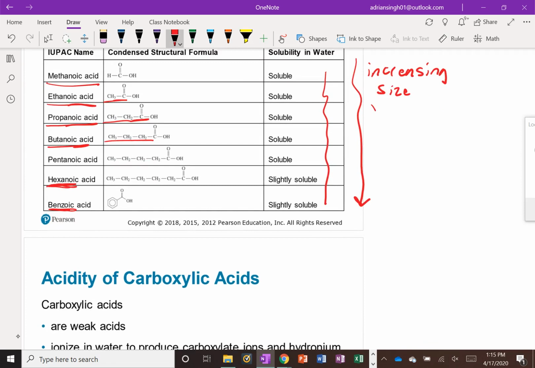Increasing size leads to a decrease in solubility. Right, and specifically here, we're looking at a decrease in water solubility. So that's a general trend. We've seen that trend before.